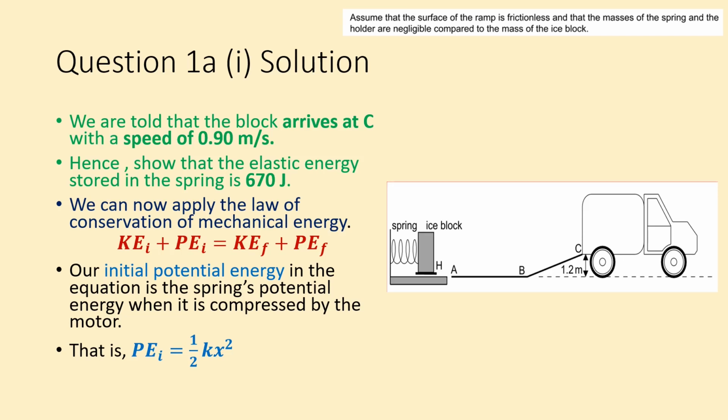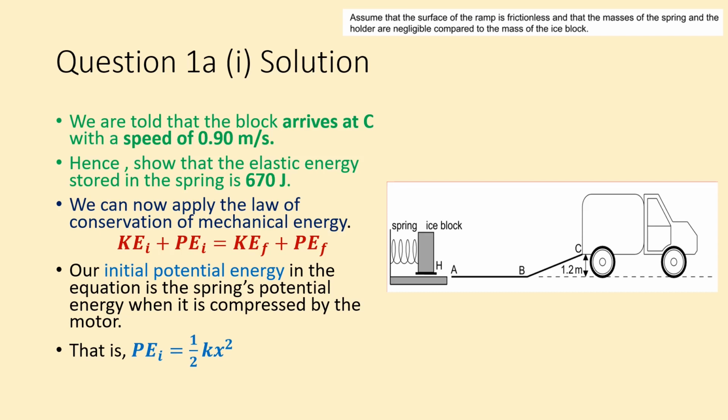So it accelerates forward towards section A, and then goes on to B, and then it goes up the ramp up until C. So we can definitively conclude that our initial potential energy in this equation is the spring's potential energy, which is usually given in that form, half kx squared.